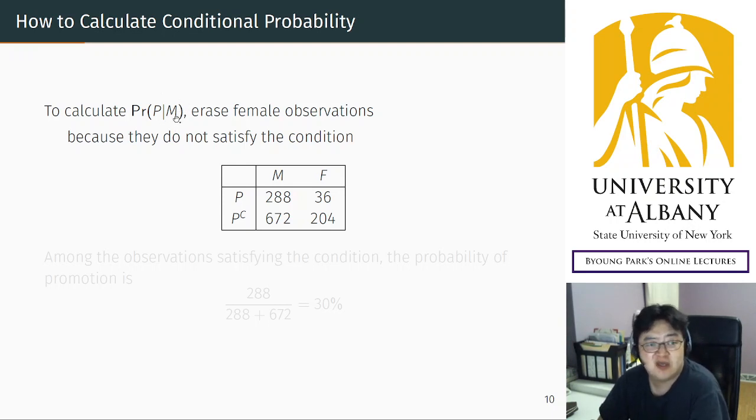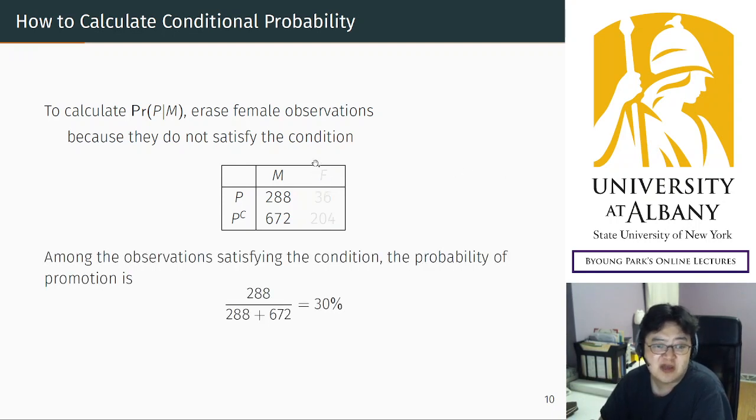How can we calculate that? The simple idea is to erase the observations that do not satisfy the condition. The condition is male, so female observations do not satisfy the condition. We don't need them. I'll delete them when I calculate this probability.